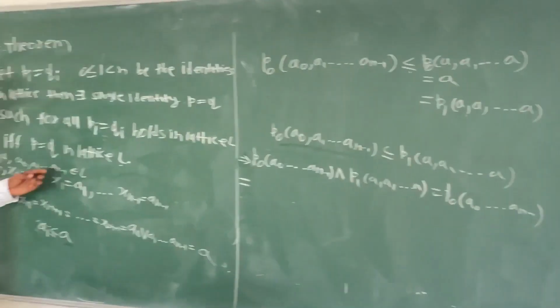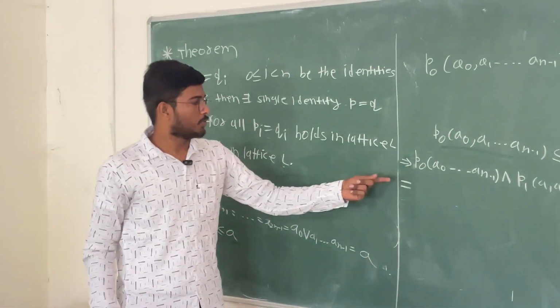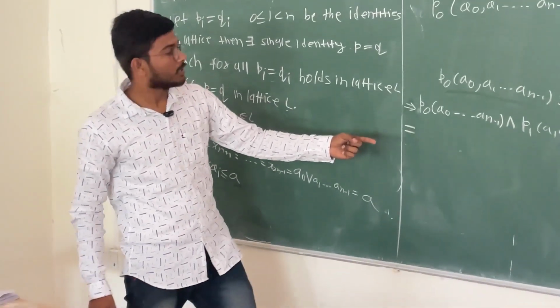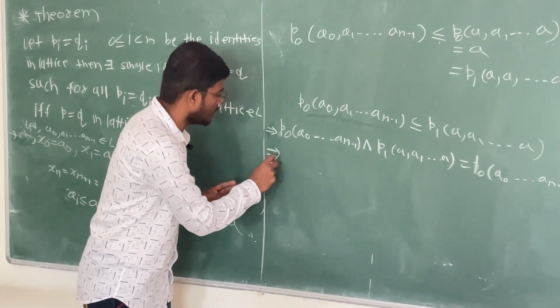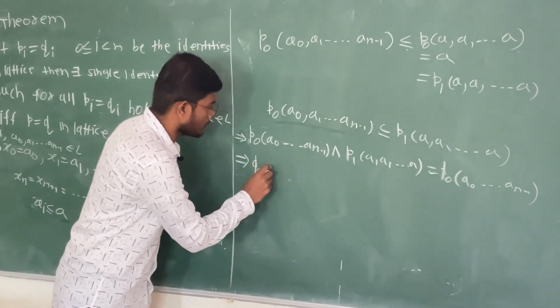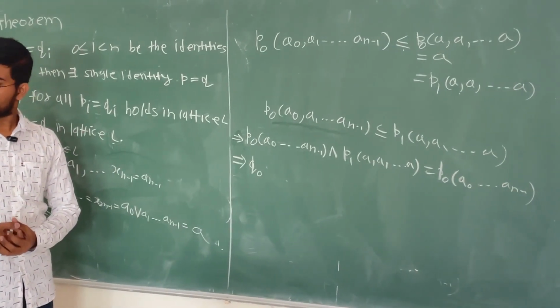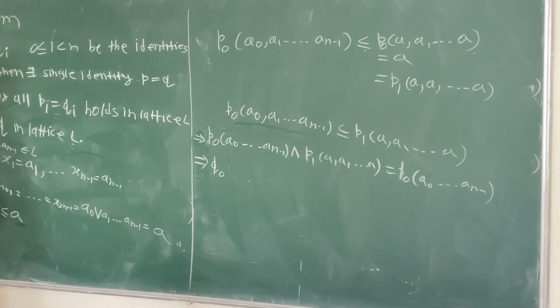So now we know that this P is equal to Q holds in L. So we will put this. P is equal to Q holds in L. So we will take P0, it has Q0. What is the left hand side? What is P naught of that meet P1 of that? Because your P is equal to what? Your P is equal to P naught meet P1. Yes or no?